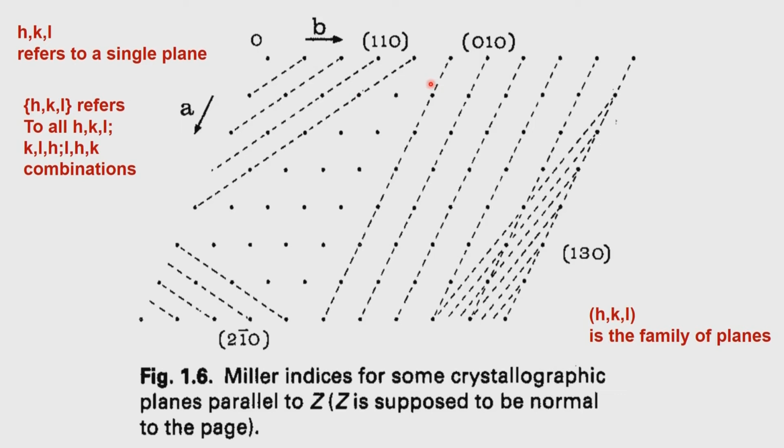Now, once again to remind you, if I have a square bracket and say 1 1 0, it represents a crystallographic direction. Suppose I have a square bracket and say 1 1 1, it is the diagonal of the particular unit cell, whatever the unit cell is.